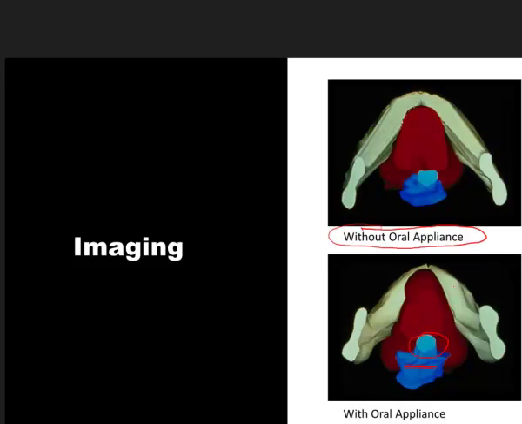We know from this study that produced these images, and other studies very similar, this has been replicated many times, that the biggest dimensional change is not AP, it's lateral.